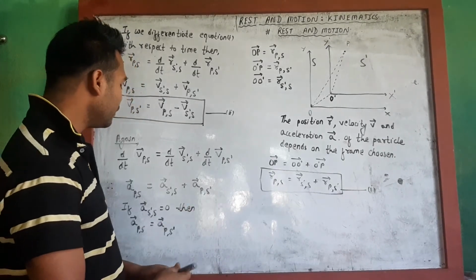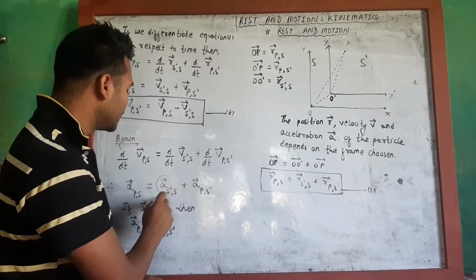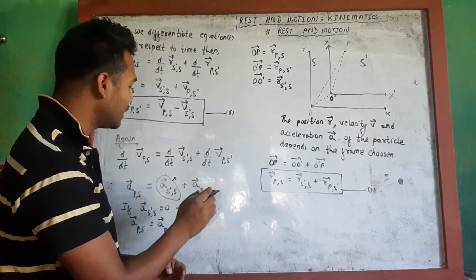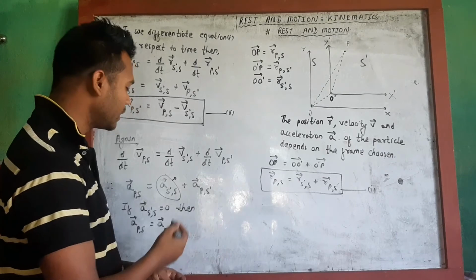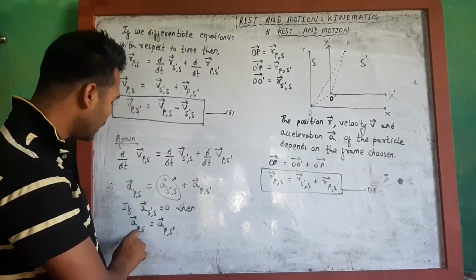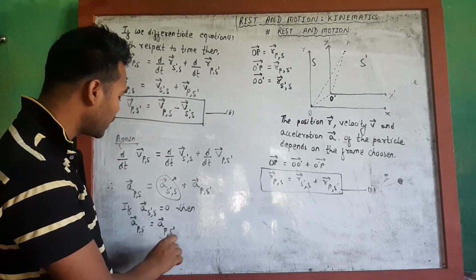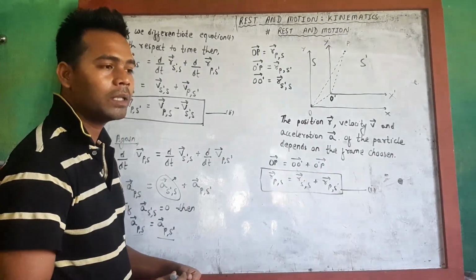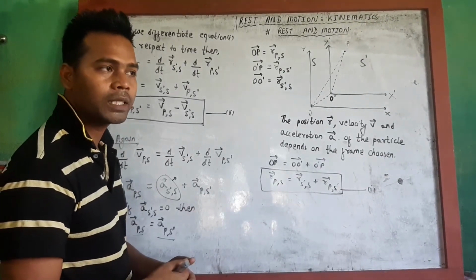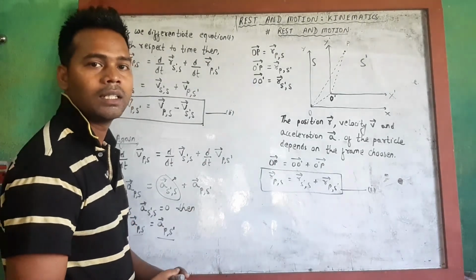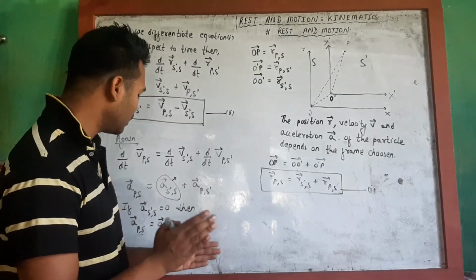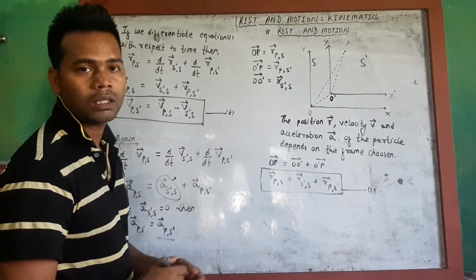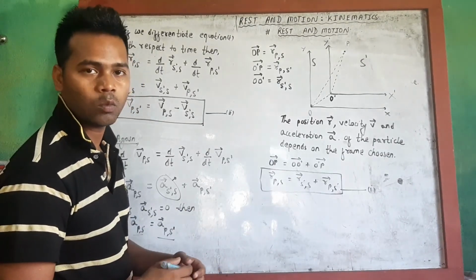Now, if this term is 0, that means if one reference frame is not accelerating with respect to another reference frame, then the acceleration in both reference frames is equal. That's why we can say if one reference frame is moving with respect to another reference frame with uniform velocity, then the acceleration of the particle observed from both reference frames will be equal.